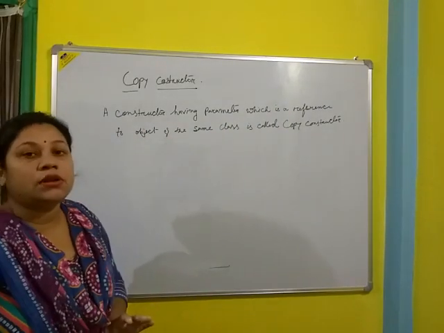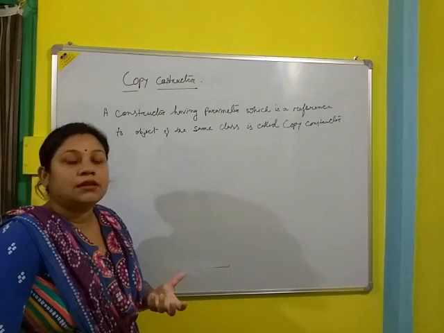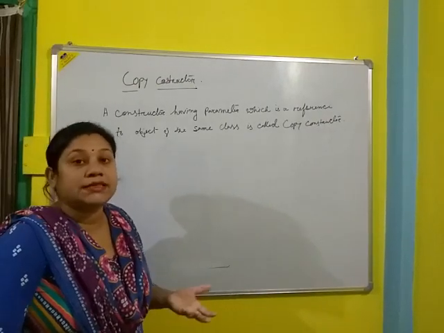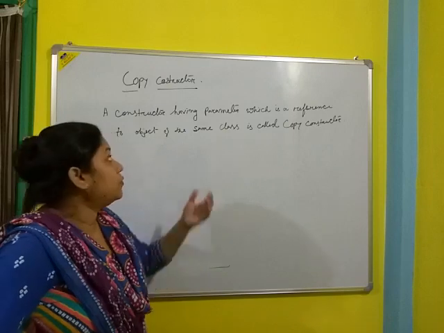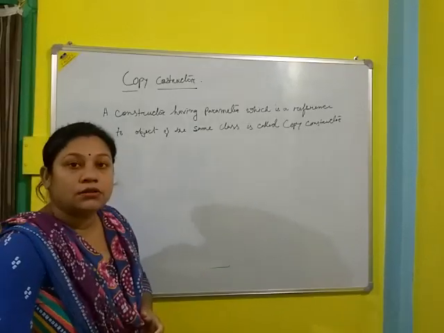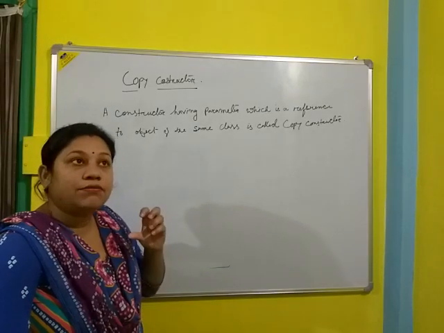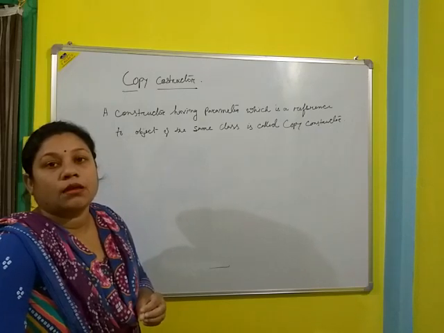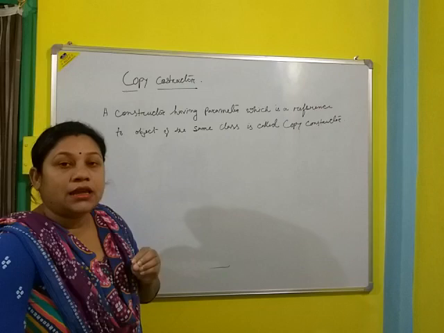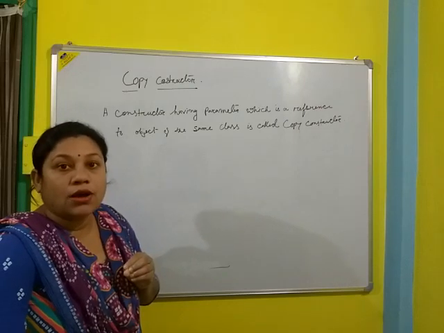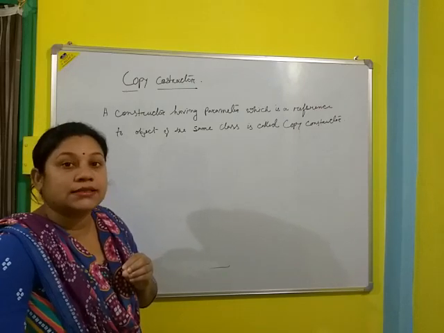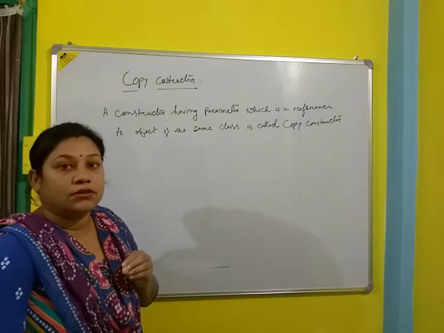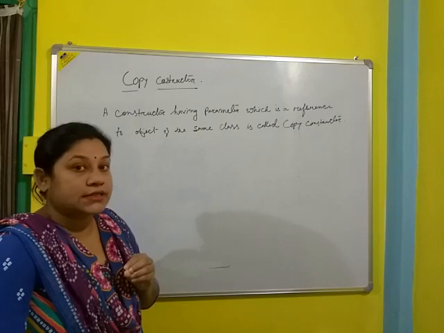Is it possible to send the object of the same class as an argument to the constructor? Okay, so if it is possible, then how is it possible? Actually, we cannot pass the object of the same class as an argument to the body of the constructor.